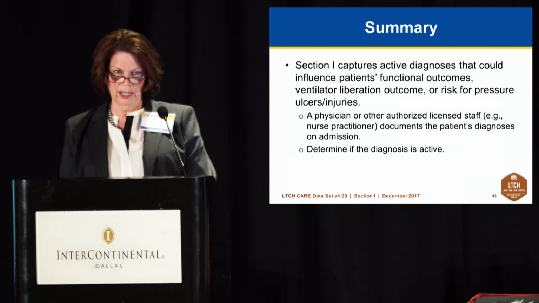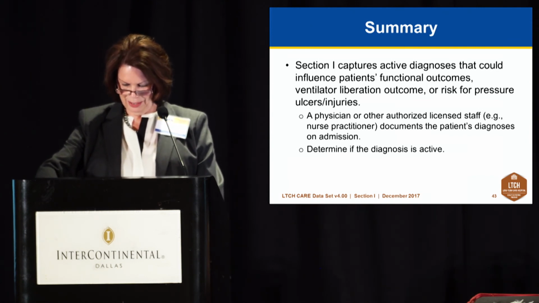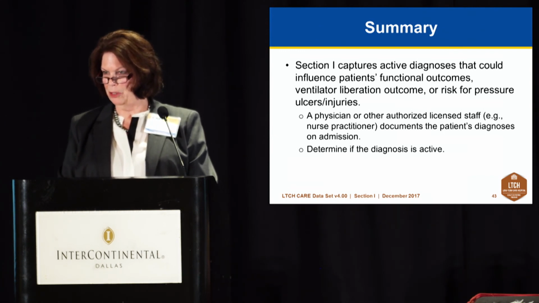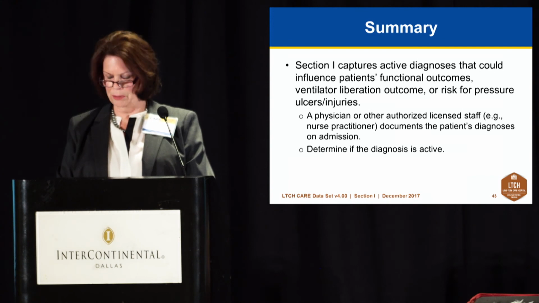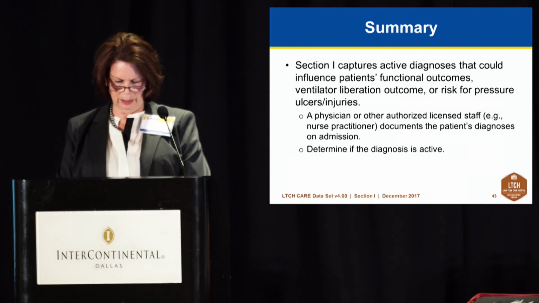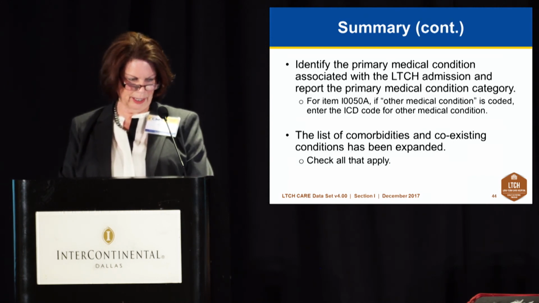So in summary, I have flown through section I to review what are captured in section I in terms of active diagnosis and coexisting and comorbidities. As you know, the primary condition category and comorbidities and coexisting conditions must be documented in the patient's record upon admission to the LTCH.